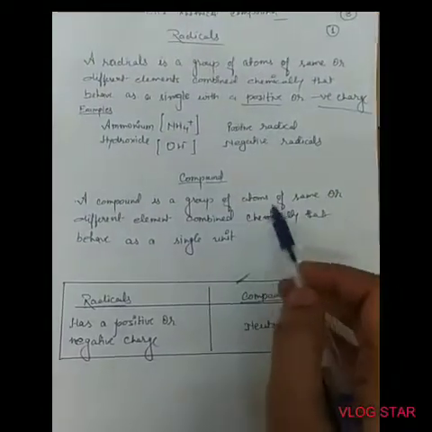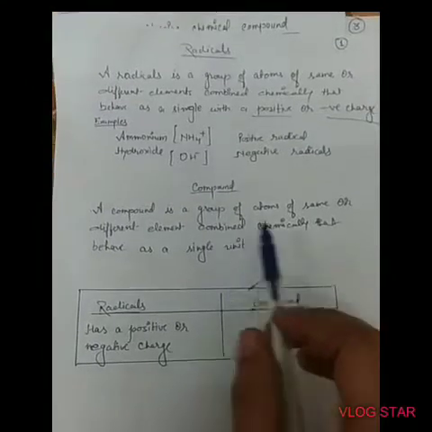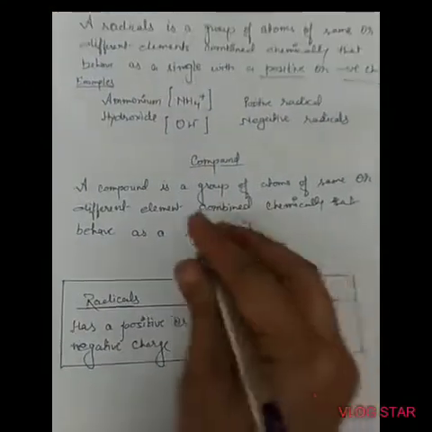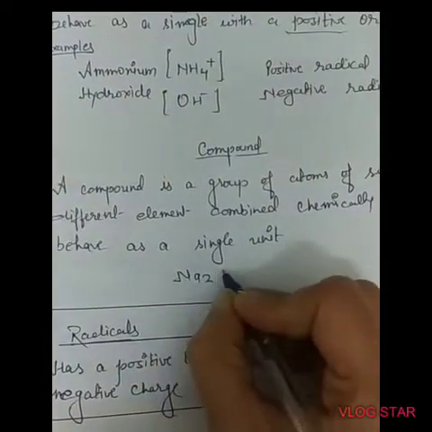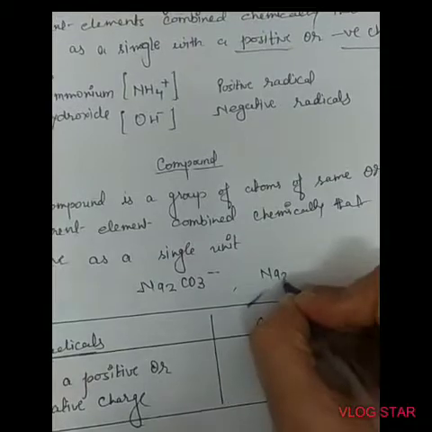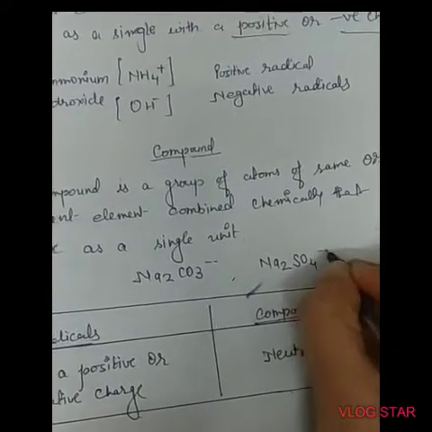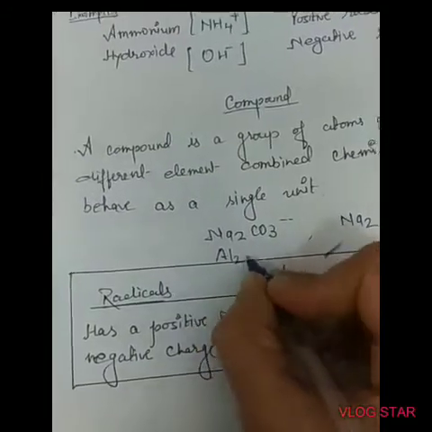A compound is a group of atoms of the same or different elements that combine chemically and behave as a single unit. For example, sodium carbonate, sodium sulfate, aluminum phosphate.